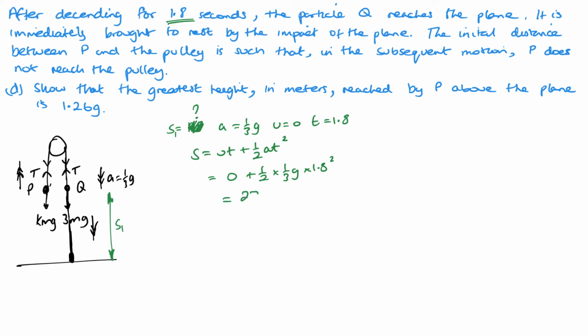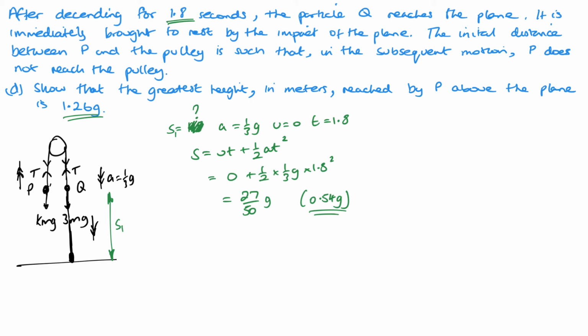And this gives me 27/50 G. I'm leaving it in terms of G as this overall is in terms of G. Just as a decimal, this is obviously 0.54 G, which might be a little bit easier to think of. So we've worked out that initial distance.